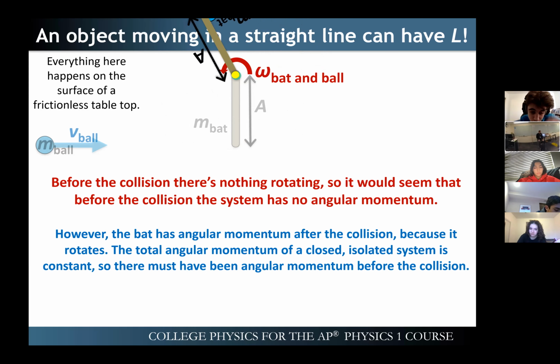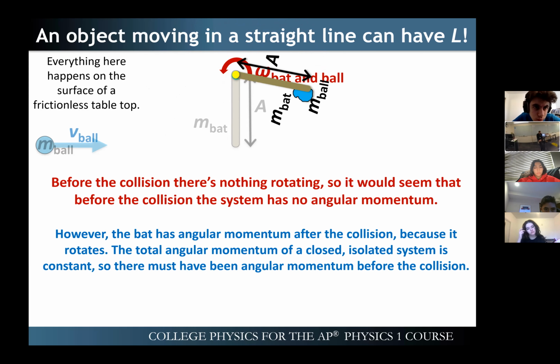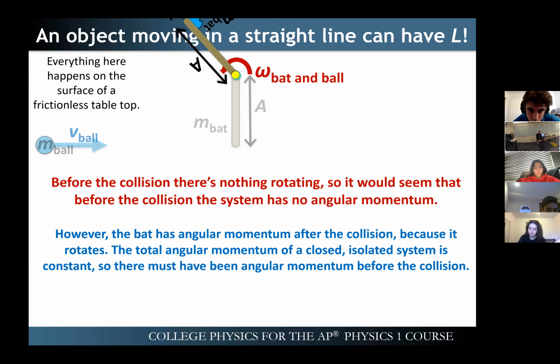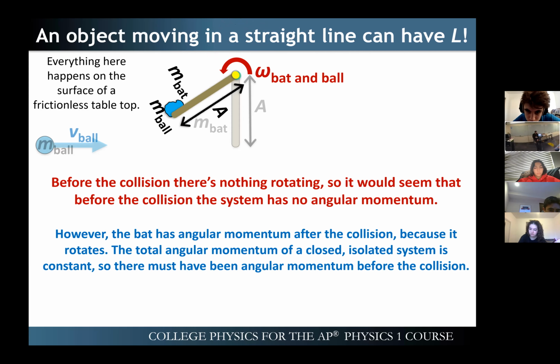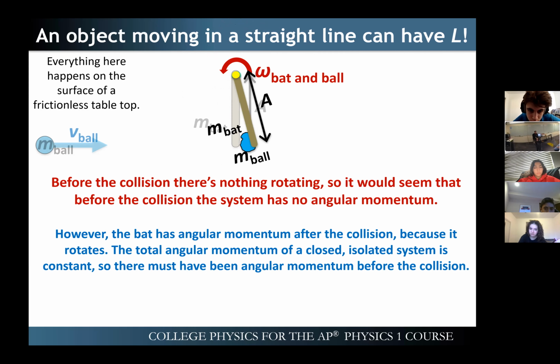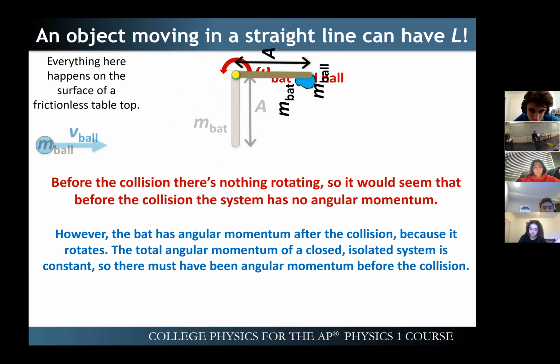Could the linear momentum have been like overpowering the angular momentum before? You could think of it that way. But the surprising thing is that while the ball is moving straight and it clearly has linear momentum, it somehow also just possesses angular momentum because it has the ability to cause rotation in something else within the system. It's almost like it's potential, right?